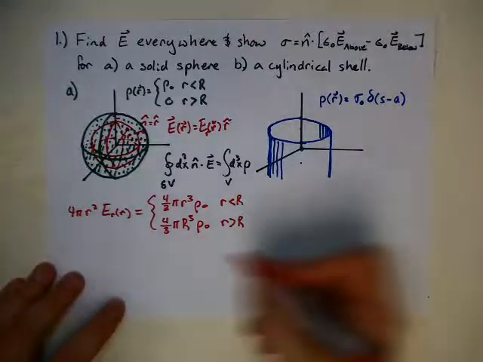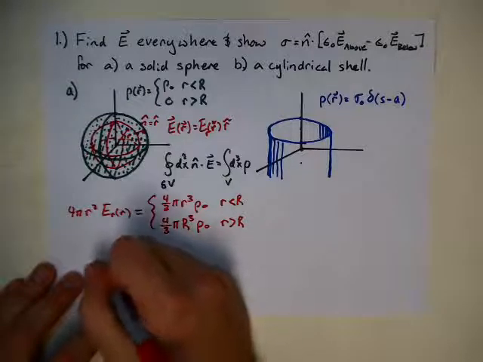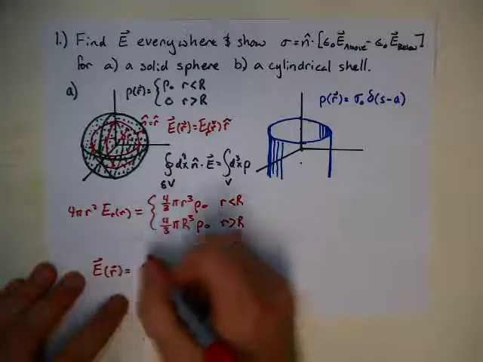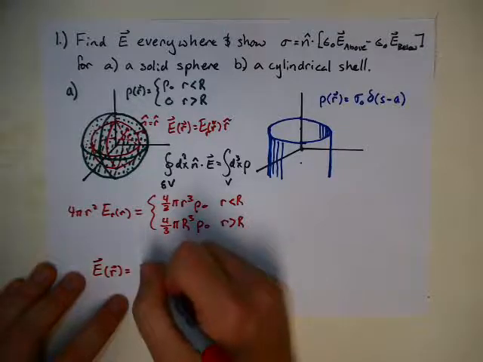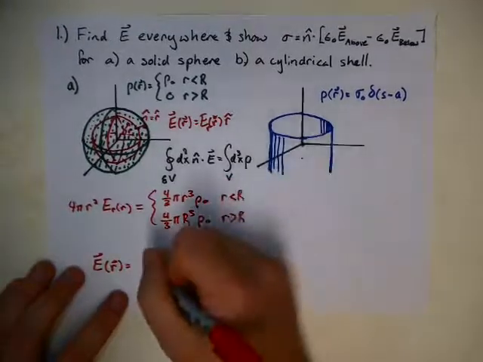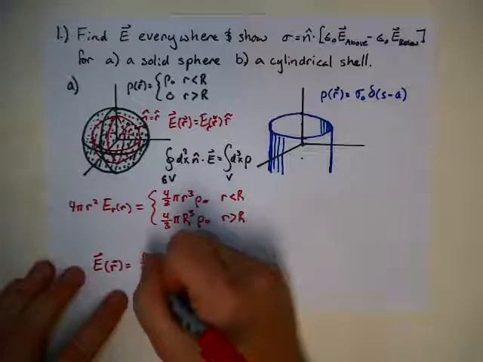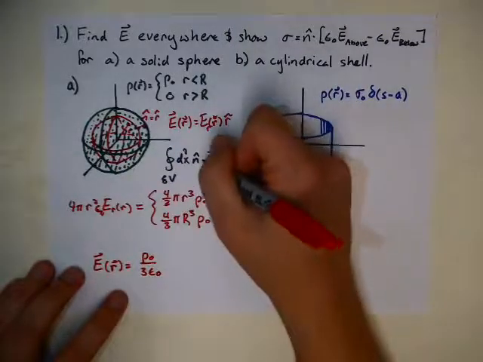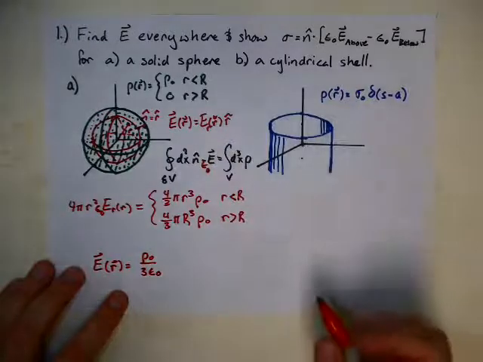And so taking this, we get that the electric field is going to be rho naught over 3 epsilon naught. There's an epsilon naught here, an epsilon naught here, I always forget that.